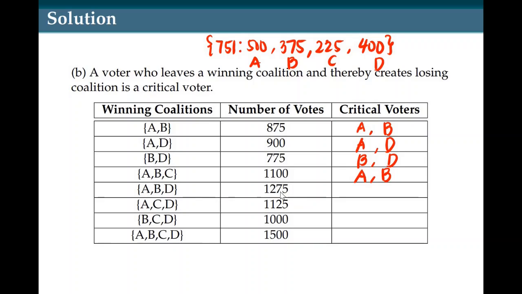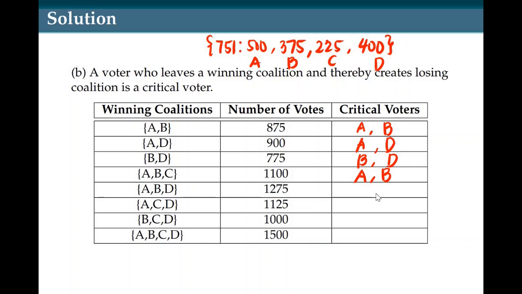Next, winning coalition with 1,275 votes. If voter A leaves the coalition, this will give us 775, and that is still greater than the quota. So voter A is not a critical voter. How about voter B? 1,275 minus 375 is equal to 900 and still greater than the quota 751.